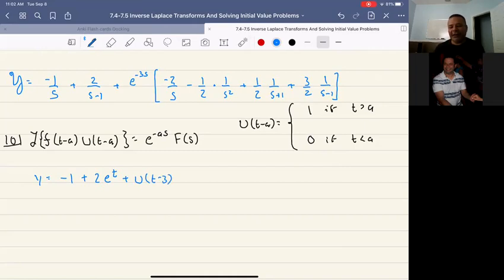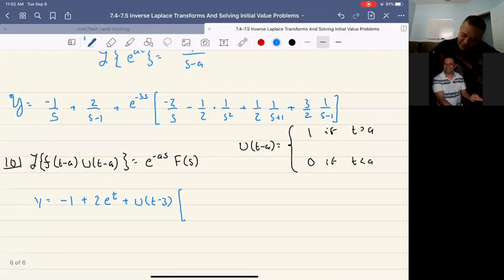We're also going to have to take the f to be t minus 3 as well. So we're going to multiply. And that's going to be -2 times the inverse Laplace transform of 1, which we know is 1.